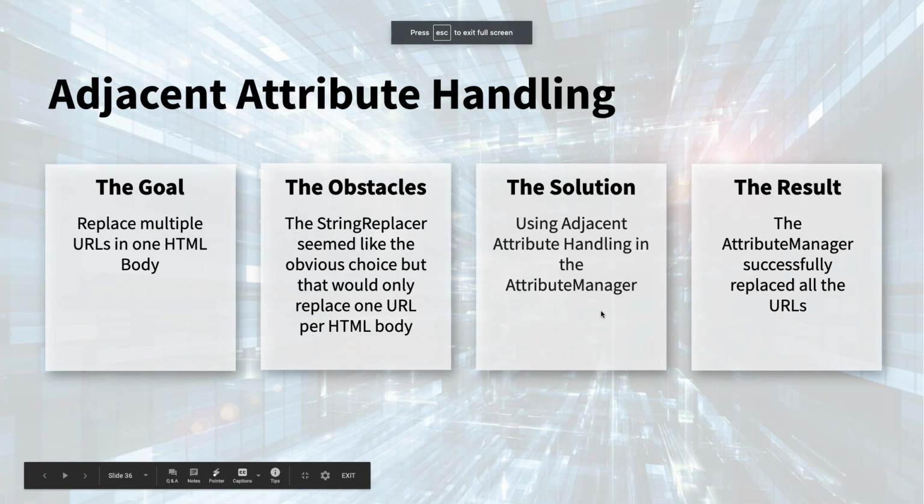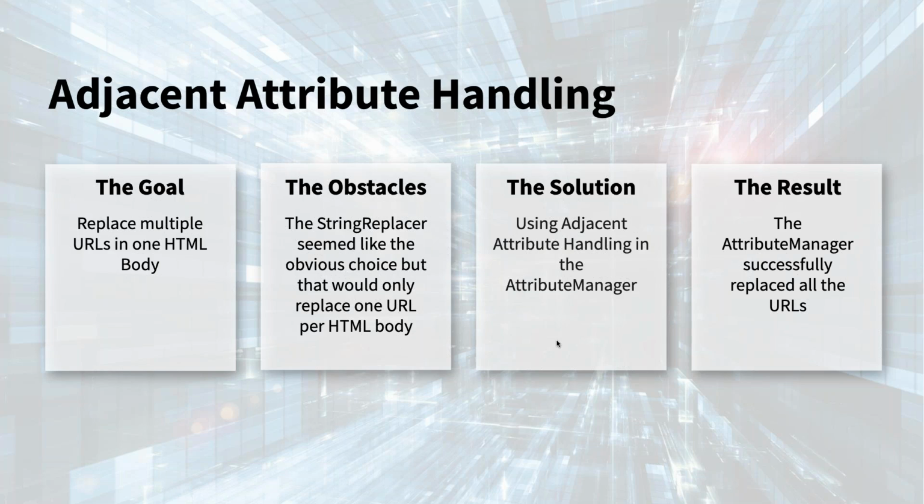So I'll be discussing adjacent attribute handling. With our workflow, we had to go in and replace all the images within an HTML body. This could be 2, this could be 3, it could be even more than that, depending on the article or idea that we were working with. We tried to use a string replacer to do this because it seemed like the obvious choice. We wanted to replace the strings of one image to another.